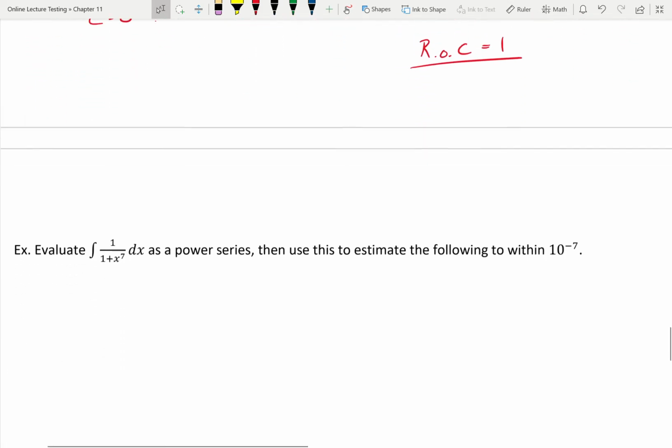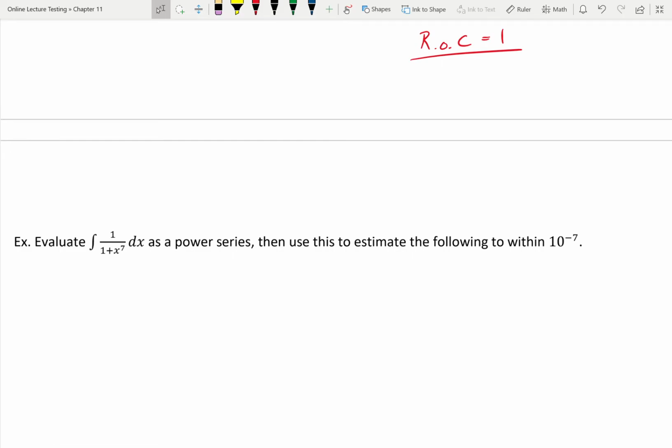So let's evaluate 1 over 1 plus x to the 7th as a power series, then use this to estimate the following integral, from 0 to 0.5 of 1 over 1 plus x to the 7th dx, to within 10 to the negative 7th.